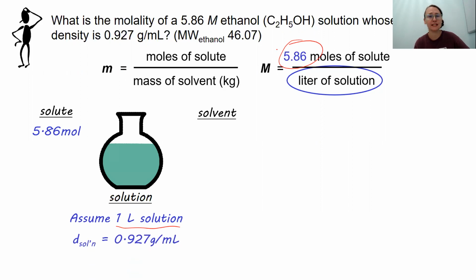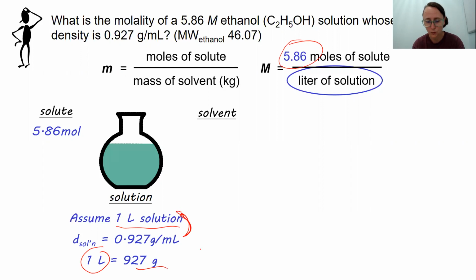We are also given the density of the solution. Remember that density is a property of the solution, not the solute or the solvent. Now, we can use that density and the volume to find the grams.